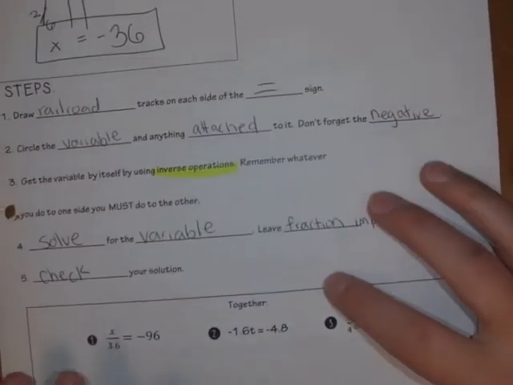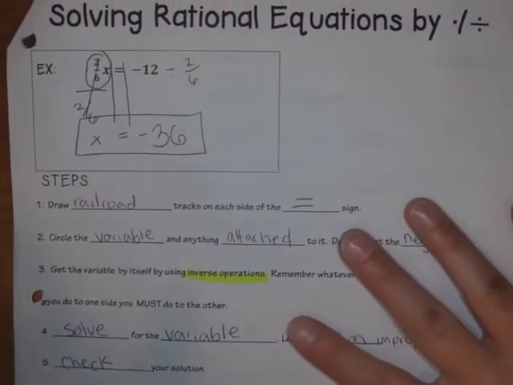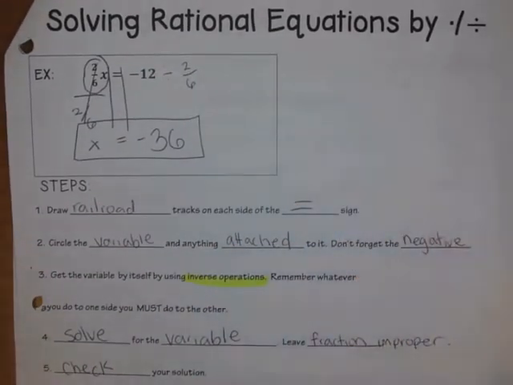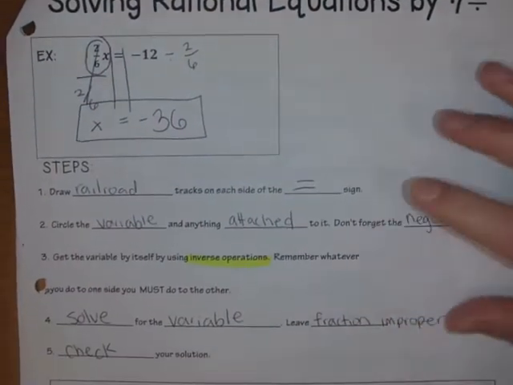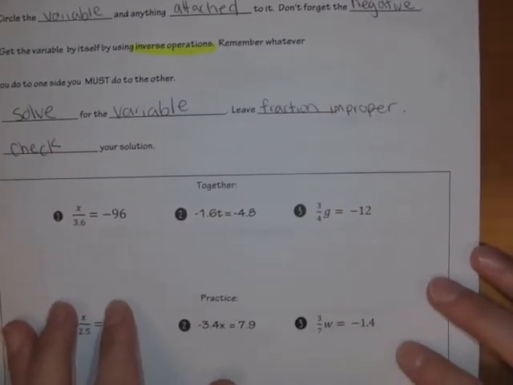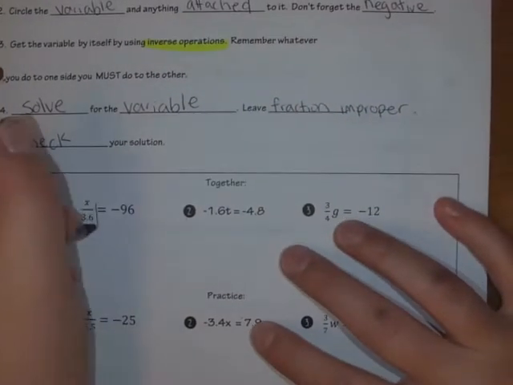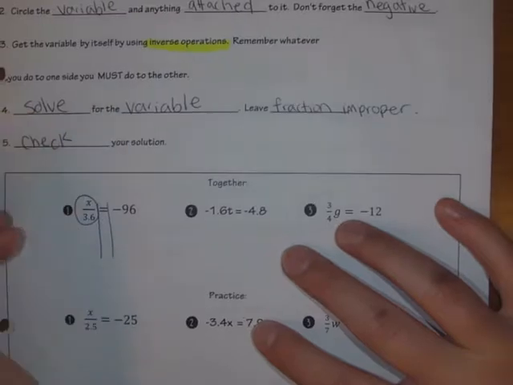Now, if you notice I'm going kind of quick, mostly because we've seen this all before. In theory, which means it should be true, but it might not be true for everyone, this should be pretty much review. Now, together, we have our railroad tracks, circle the variable.